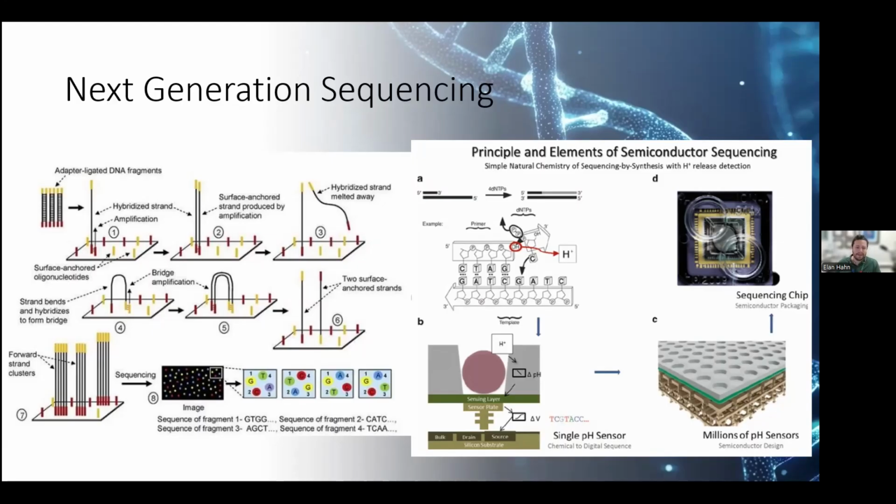And the other is the semiconductor sequencing, which is the Thermo Fisher Ion Torrent chemistry, where we wash over a nucleotide at a time, and we see if there's hydrogen released, and we measure that pH change. And if we see a pH change, we know that that specific nucleotide that we washed across was added.